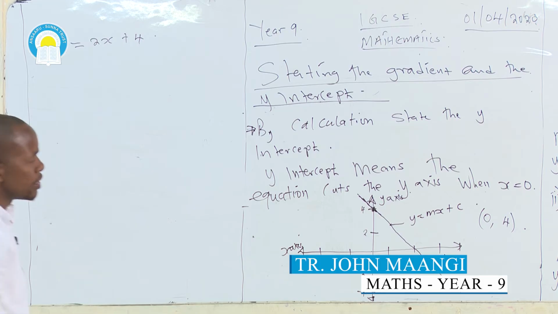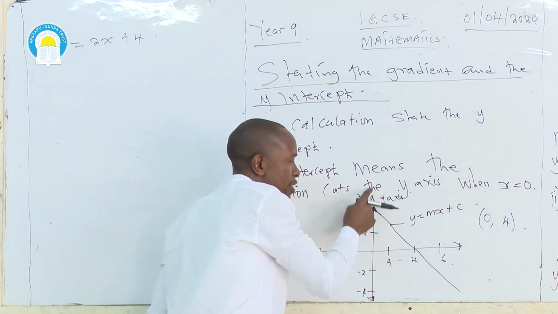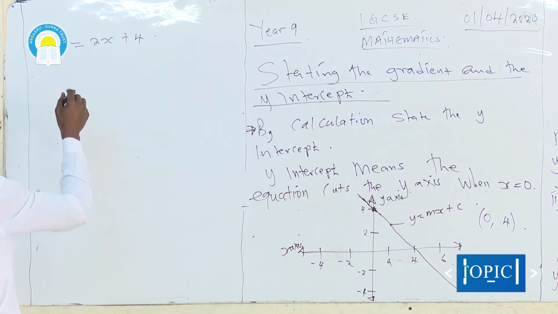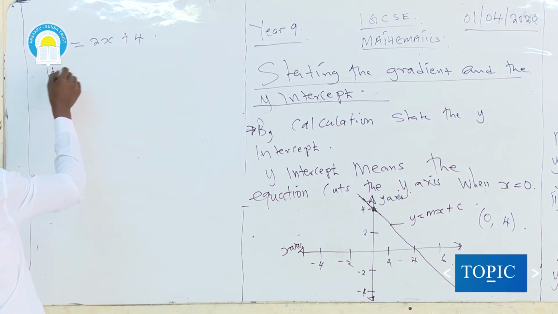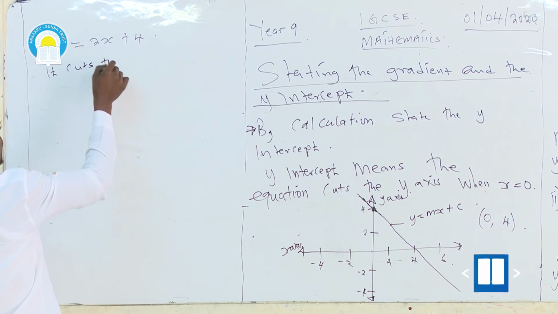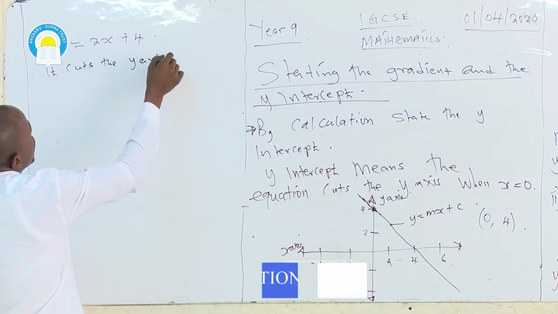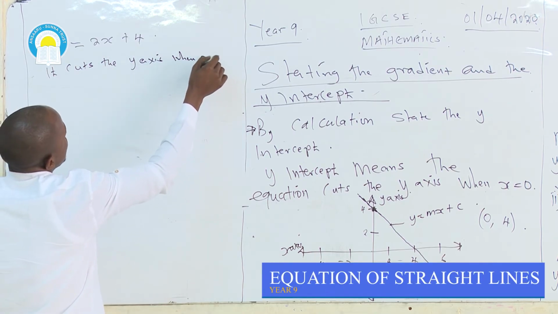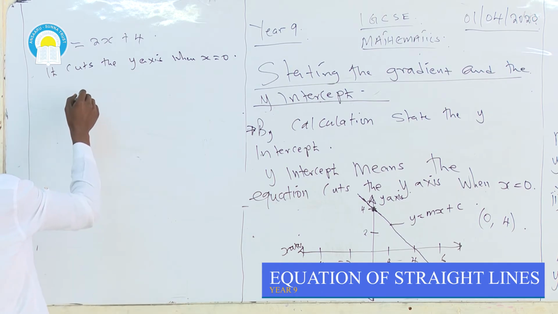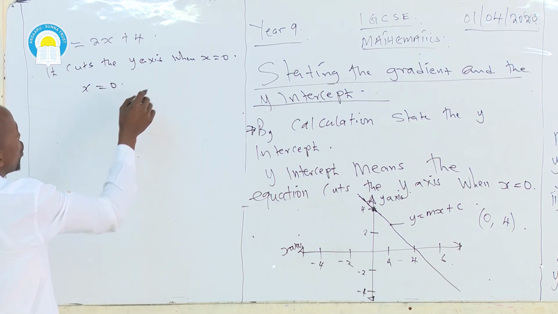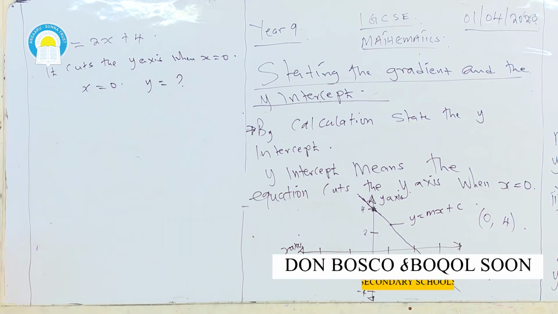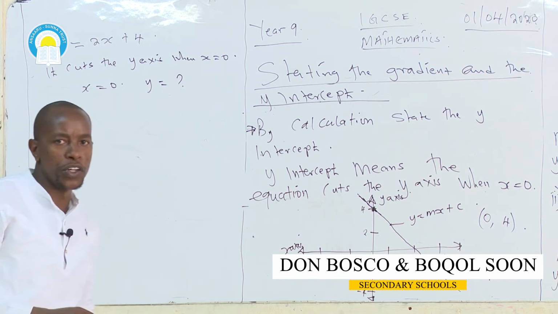You need to understand it cuts the y-axis when x is equal to 0. So we say, when x is equal to 0, what is y?